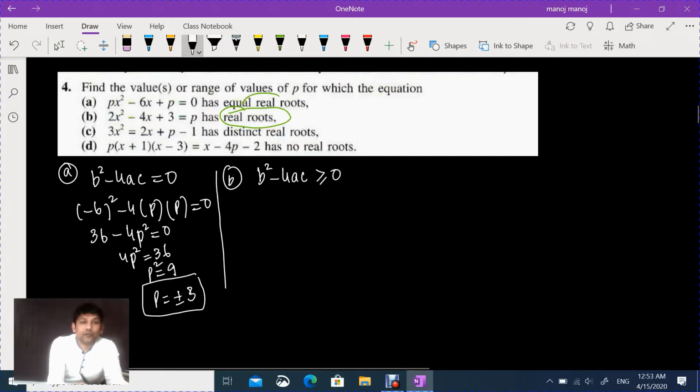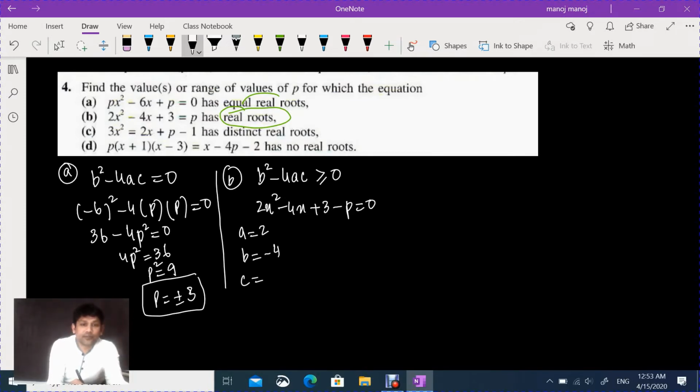So now moving to the part, first of all the equation should be arranged like 2x square minus 4x plus 3 minus p is equals to 0. Okay, the a is 2, b is minus 4 and c is 3 minus p.